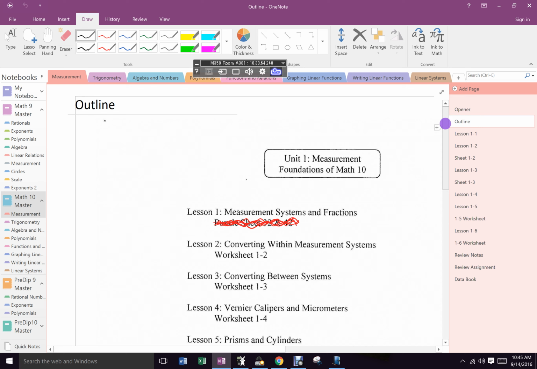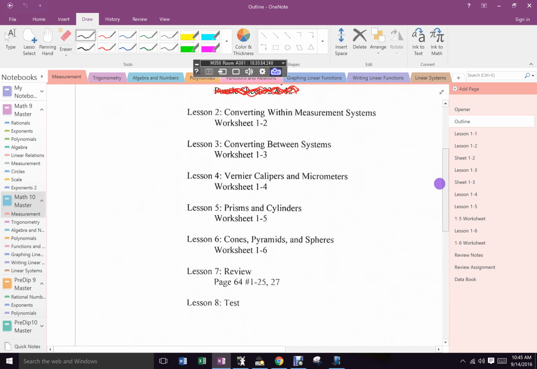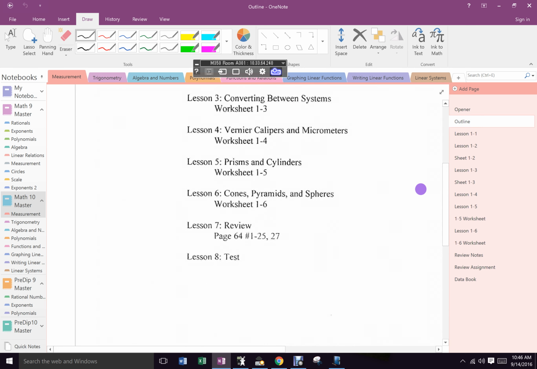If you look on your outline, you don't need a textbook till we get up to the review. Okay? Cool? I'll probably give textbooks out tomorrow because tomorrow's a short day and I don't want to do a lot of notes.